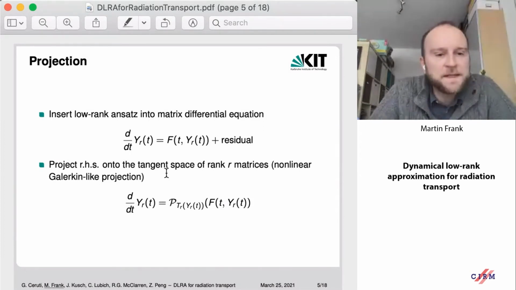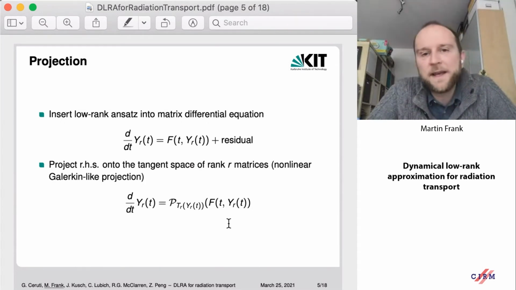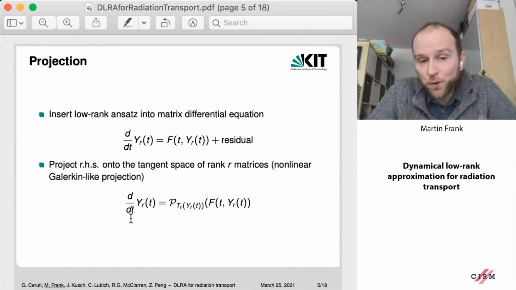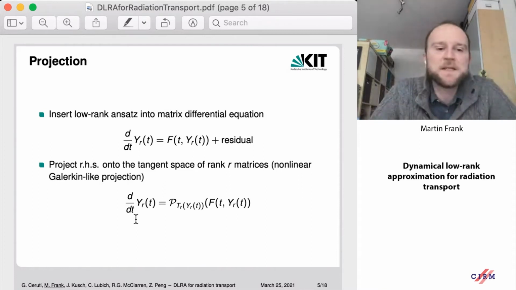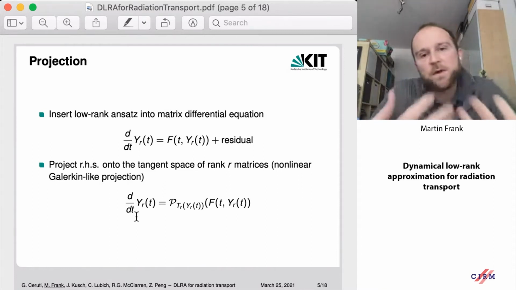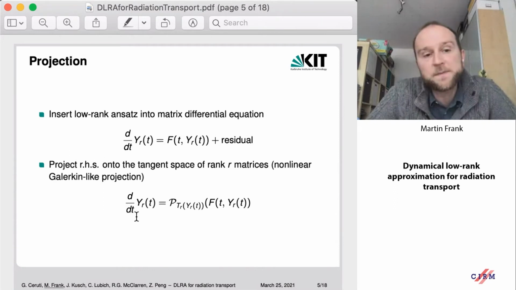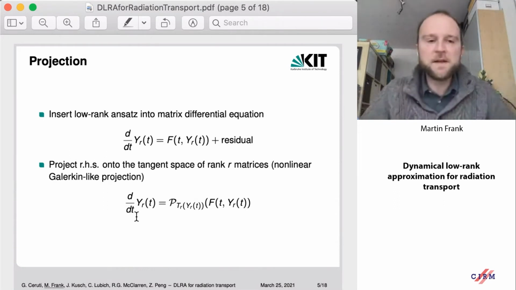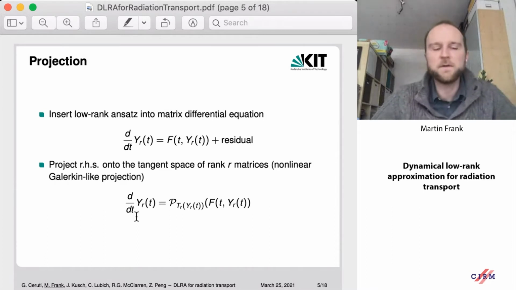Here we do something different. What we do is we take the right-hand side and we project it onto the tangent space of rank R matrices. Why do we do that? Well, this matrix doesn't satisfy the equation. We need to make sure that we get an equation that it satisfies, and we need to make sure that we do not run out of this space of low-rank matrices, which is now not a linear space anymore, but it's a nonlinear manifold, right?